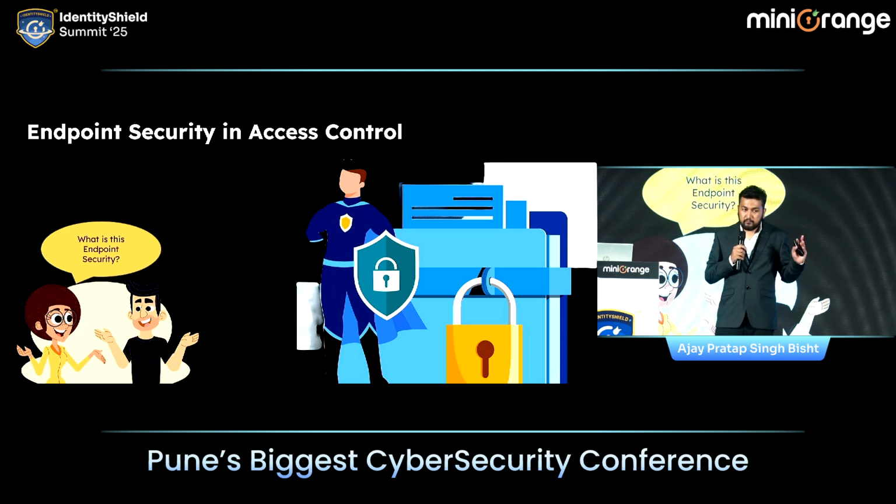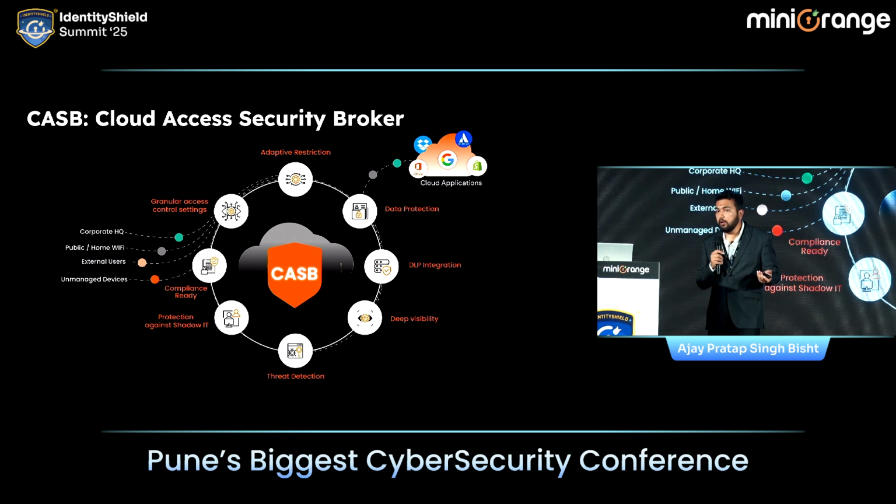If you have to secure your cloud applications, you use a Cloud Access Security Broker. In this, you are securing your SaaS applications like Google, Office 365, Atlassian, Shopify, and many more. The list goes on. If you want to apply certain restrictions, let's assume you are a UI/UX designer and I have purchased a Figma license for you, and it is quite a costly license and I don't want you to use it in a personal manner.